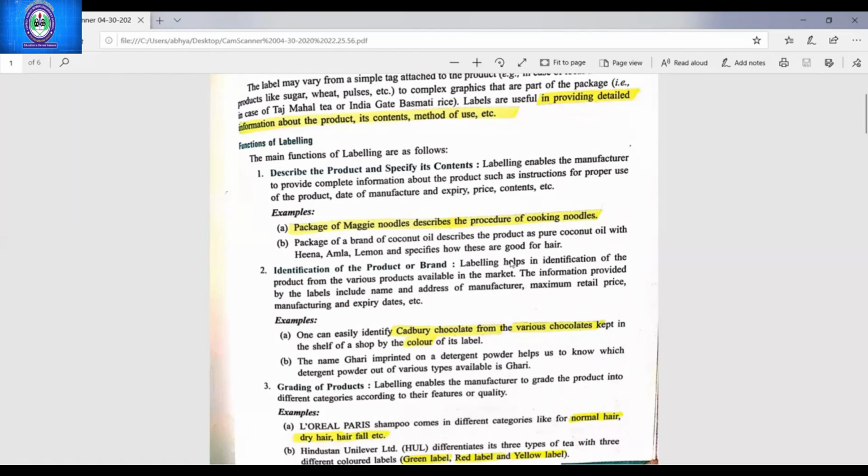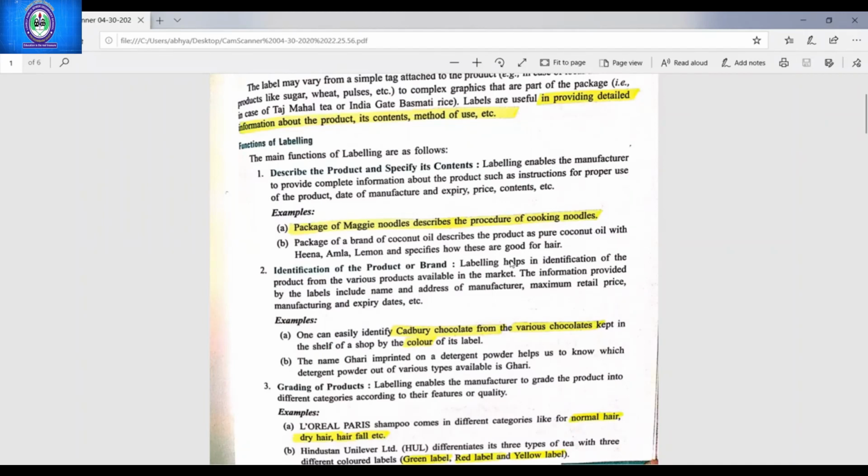In today's class, one thing you can do: whatever packets are lying in your home, whether they are of spices or the Maggi packets or the juice bottles or the cans, just take any one or two products, and read the label of the product, so that you may be aware of what type of information is given on the label, because you also have to prepare a label for your product. So you must read the label of the product to get the information, the designing of the label, how the labels are designed.